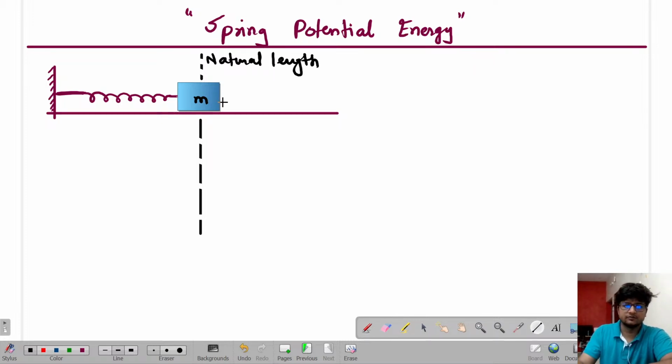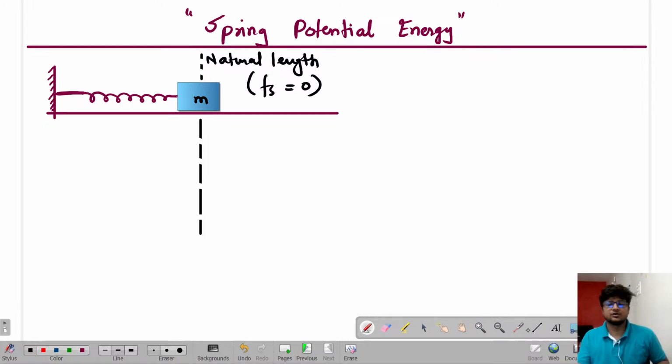I applied an external force. Right. So over here, if this mass is at natural length, then what will be our spring force? The spring force will be zero at that time. Is that clear or not?